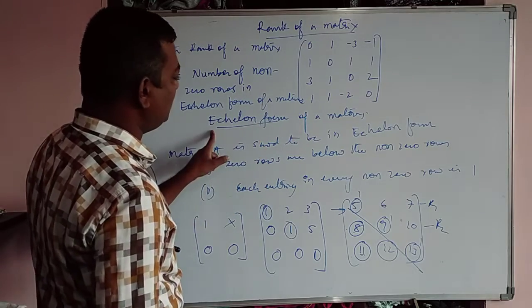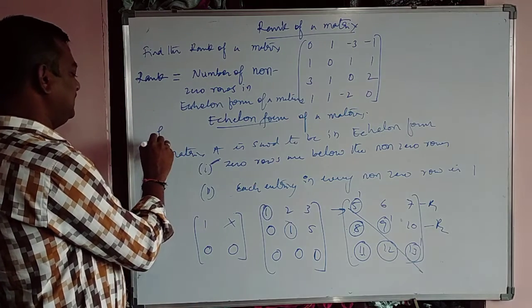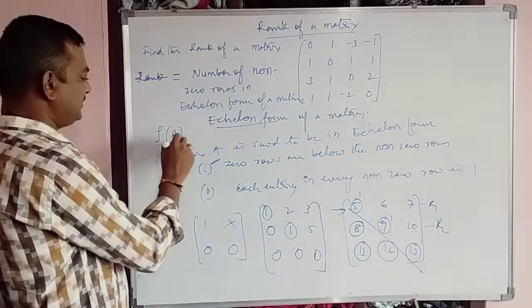So we need to find the number of non-zero rows in the echelon form of a matrix, and it is denoted by rho of a matrix.